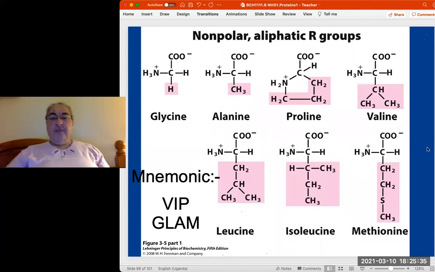So just to look at these amino acid structures in their groupings, again, these are diagrams taken from the Lehninger textbook, so you can look at these for yourself. This is the grouping of non-polar aliphatic R groups. So glycine, alanine, proline, valine, leucine, isoleucine, and methionine. And there's quite a useful mnemonic to remember this group, VIP glam.